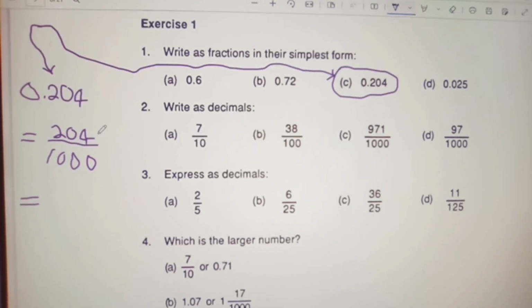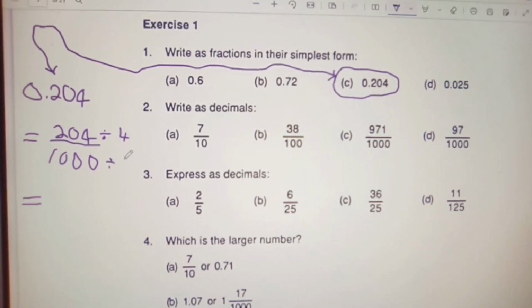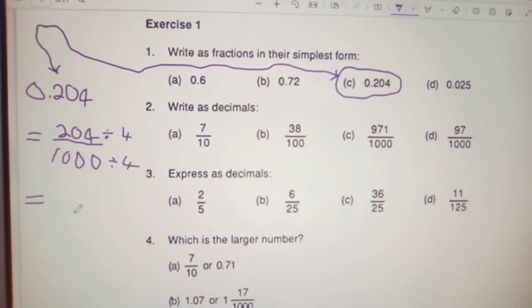So we're going to divide that top part by 4, and we're going to divide the bottom part here by 4. That's going to equal 51. So 204 divided by 4 equals 51.